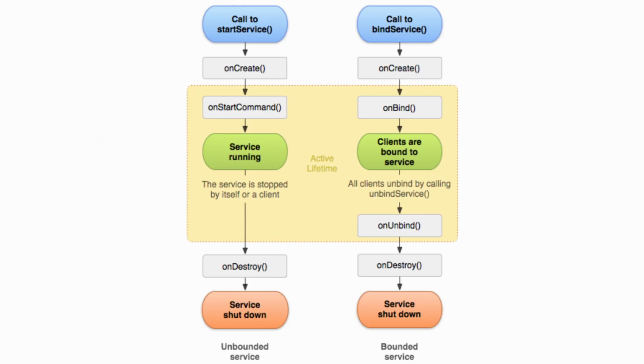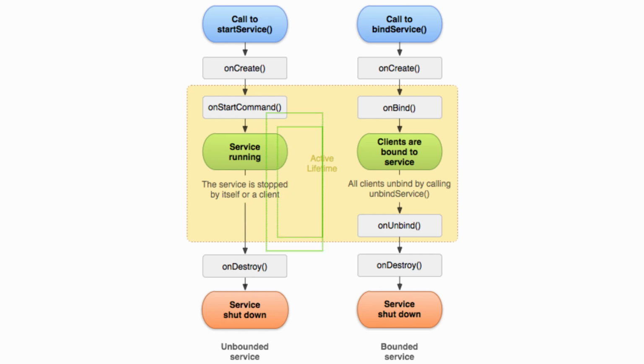Next is the service lifecycle. There are two parts of the service lifecycle since there are basically two types of service, which are a started service and a bound service. As we can see, there are two sides here.